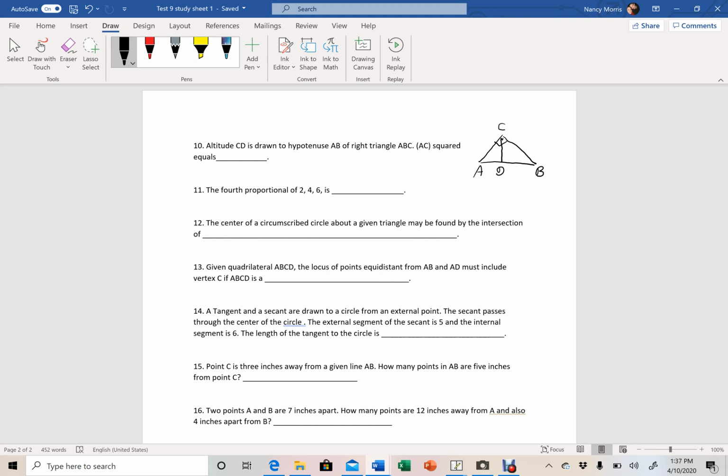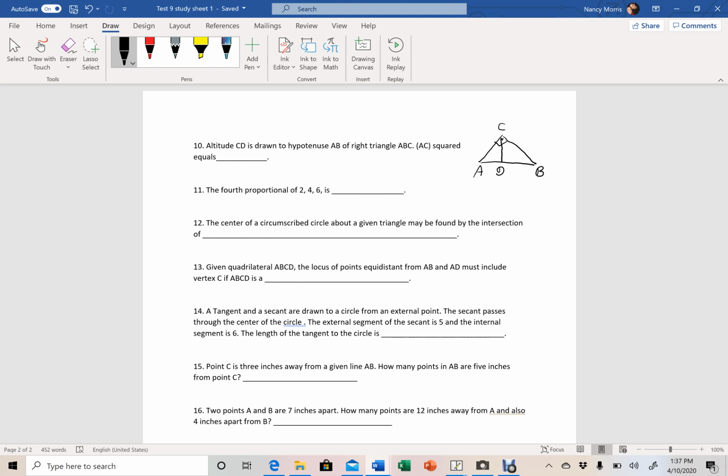But if we go back into our theorems and sections where we covered this, this AC squared is the same as if we were to multiply two sections of this triangle. Which two sections would we multiply that would equal AC squared? Okay, that's what that is asking there.